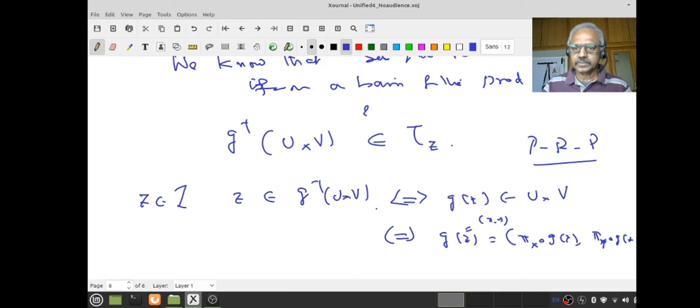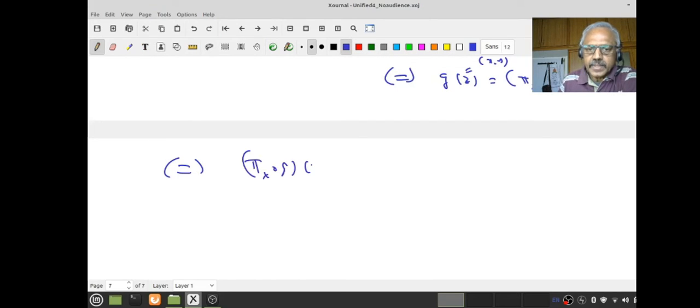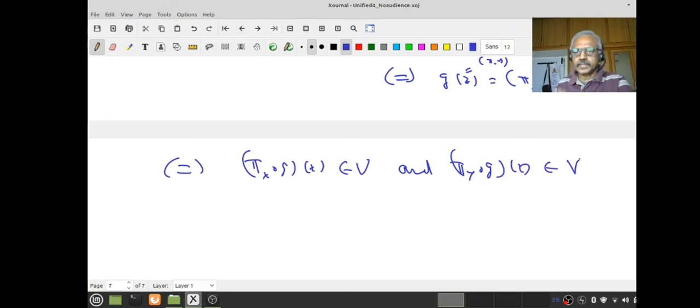Therefore this is the same as saying pi x composite G of z belongs to U and pi y composite G of z belongs to V. Do you accept it? Because this has to be in U cross V.